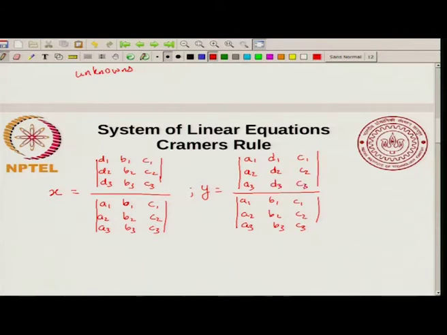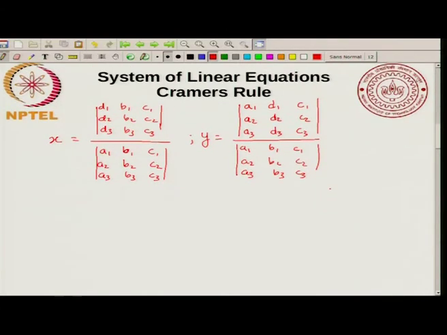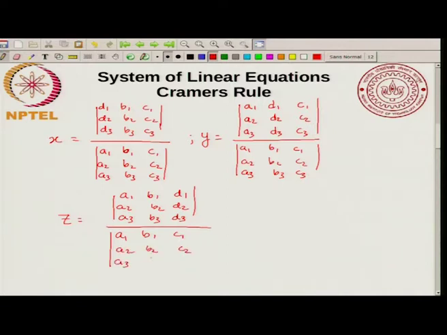And similarly for z, I will just write what z is. z is equal to a1 b1 d1, a2 b2 d2, a3 b3 d3, divided by a1 b1 c1, a2 b2 c2, a3 b3 c3.